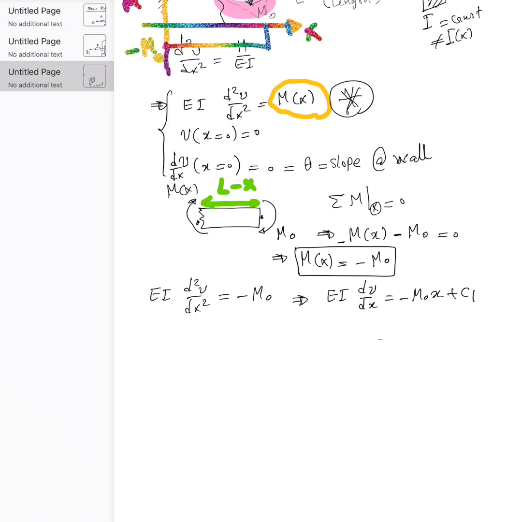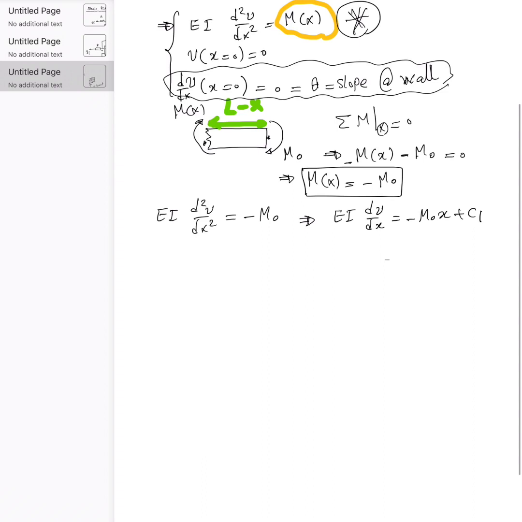Now you can apply this boundary condition right here, as you can see I'm circling it. It says the derivative at x=0 is 0. So let's plug in this condition: EI, the derivative, let's put x=0. This is equal to negative M0 times 0, because x is 0, plus C1, and this should be equal to 0. That means that C1 is equal to 0.